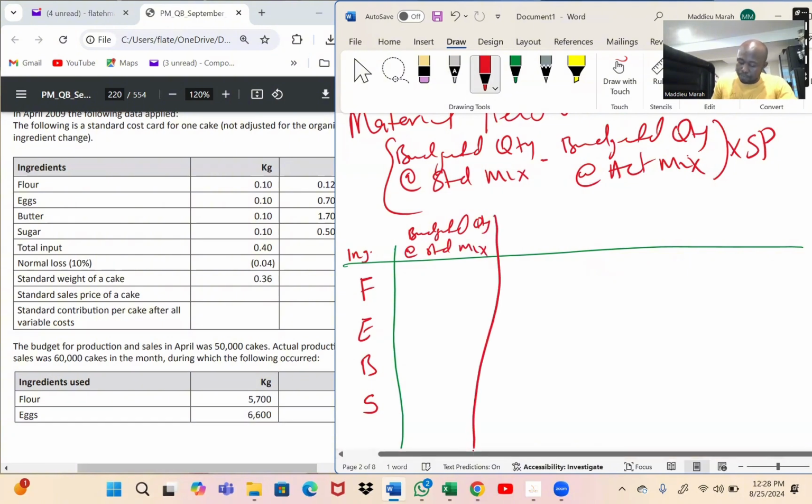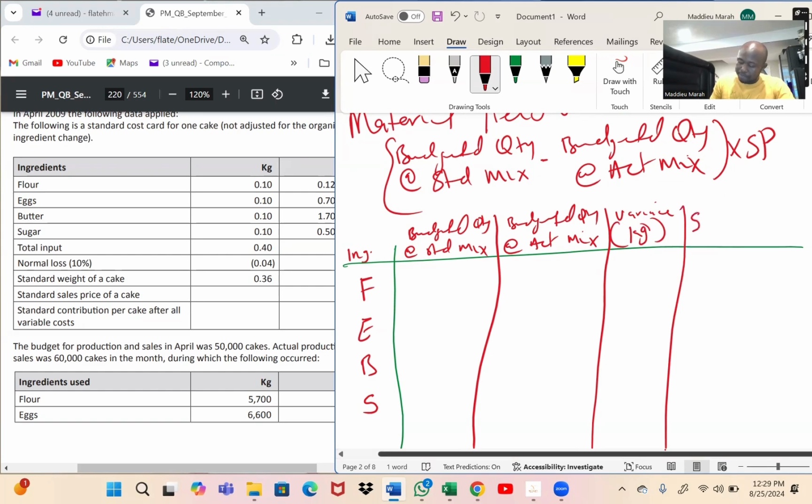And I'll bring my projected quantity at actual mix. Okay, and I bring my variance here, variance in kg. And I'll bring my standard price and variance in dollar terms.